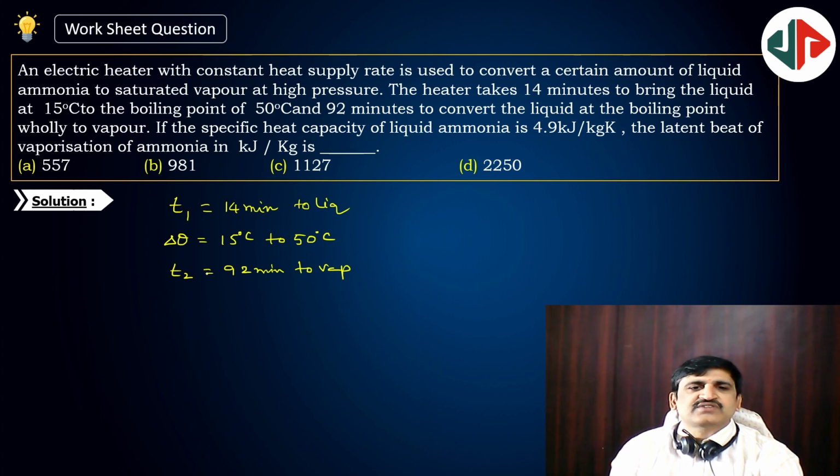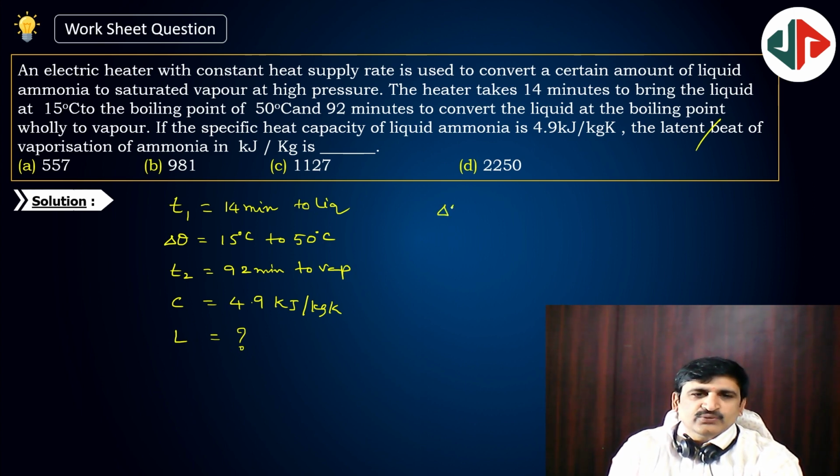If the specific heat capacity of liquid ammonia is C equal to 4.9 kilojoules per kg Kelvin, what is the latent heat of vaporization of ammonia, L? So the total heat required is delta Q equal to MC delta theta plus ML.